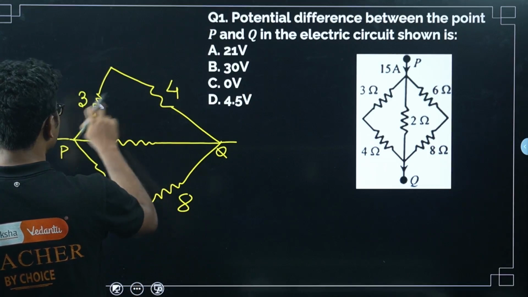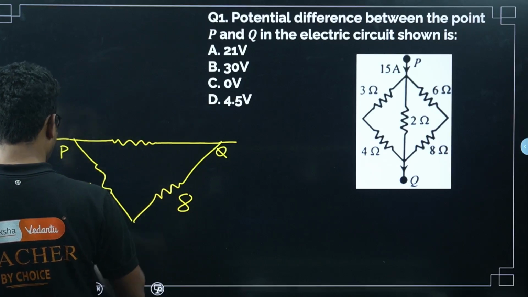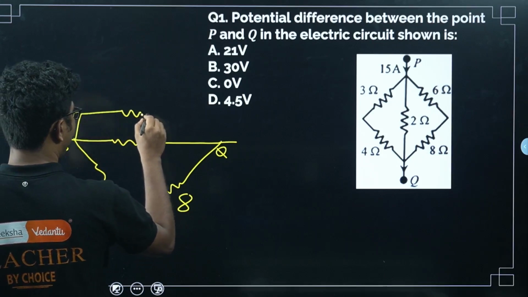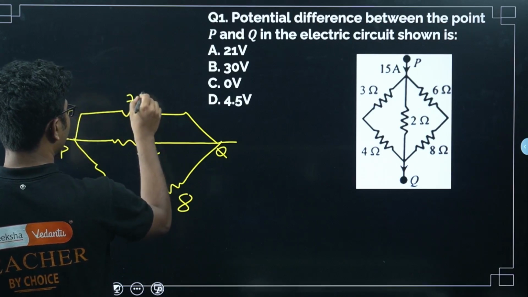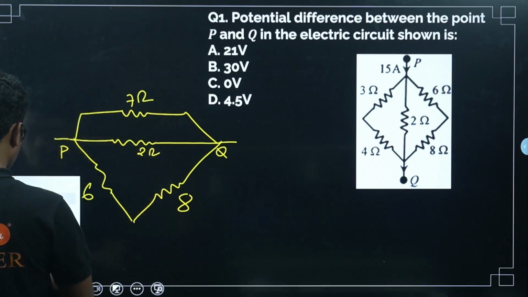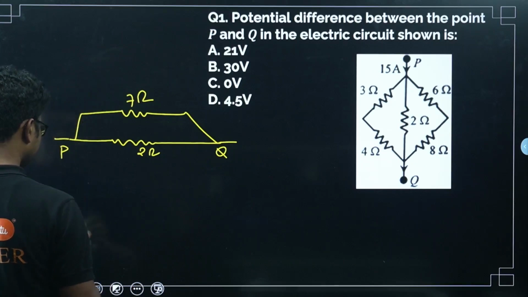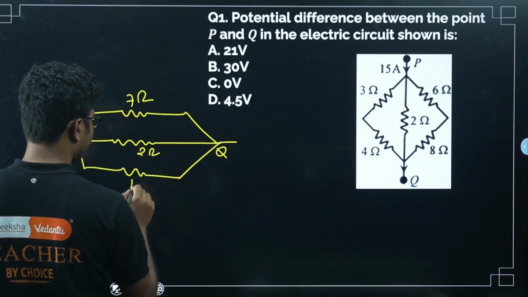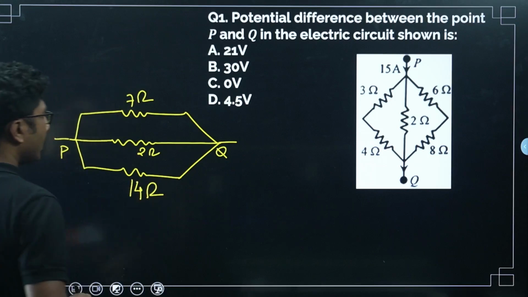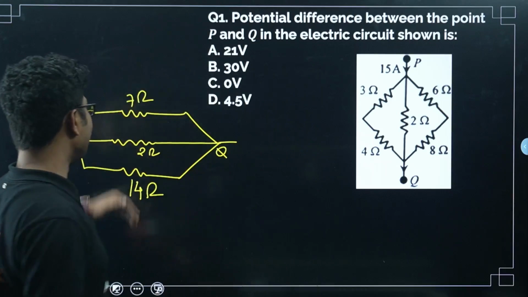So 7 is the resistance. This resistance is given as 2 ohm, this will be 7 ohm, and this one will be 14 ohm. Now if you add all these 3 resistances, they are all in parallel.